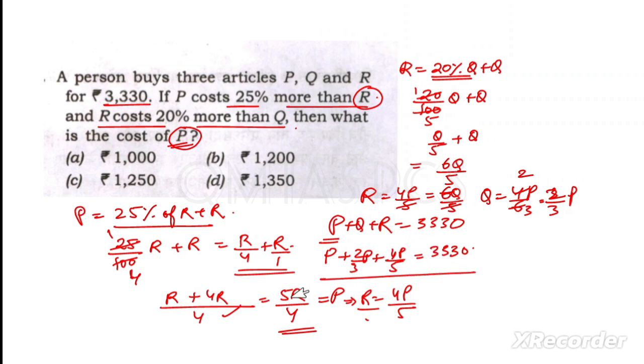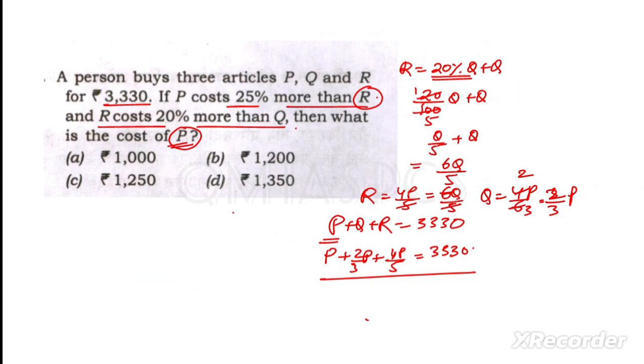Let me clean this one. Here we take the LCM of 1, 3 and 5, which is 15. So it is 15p plus 5 into 2, that is 10p, plus 3 multiplied by 4, that is 12p, equal to 3330.